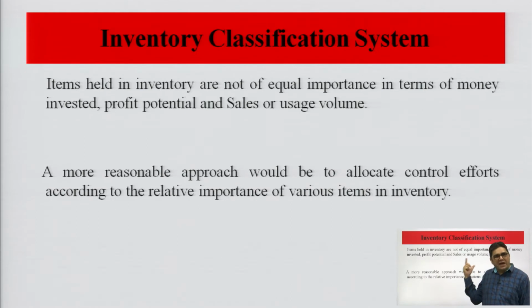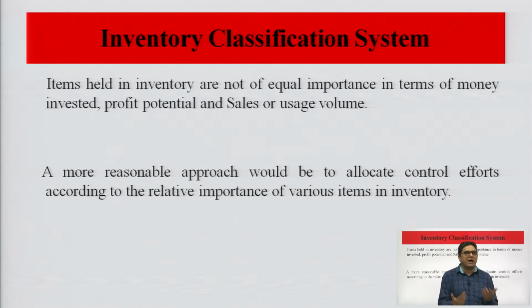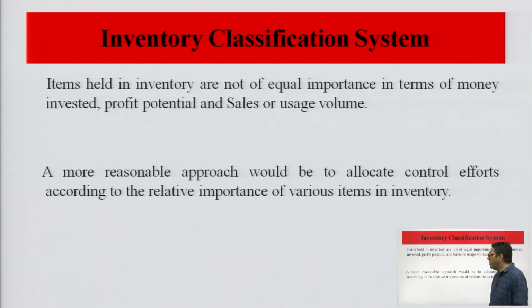These parameters that I have shared with you to classify the inventory are not universal. A business organization can develop its own parameters to classify items as per the business they are into, as per the products they are dealing with, depending upon the nature of their business or the nature of the product that they are selling in the market.